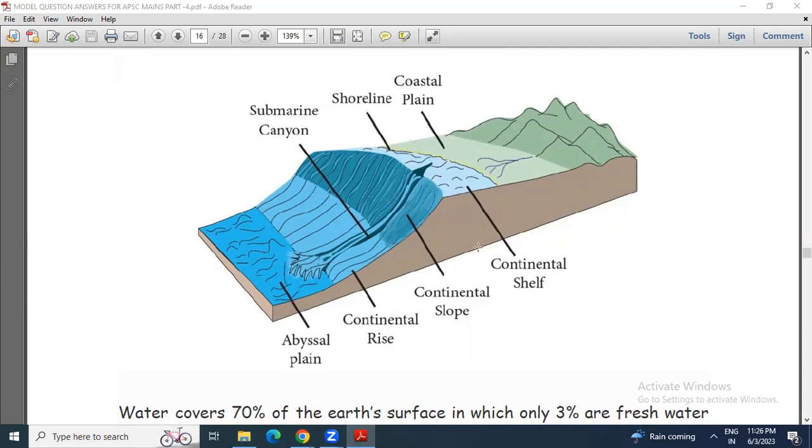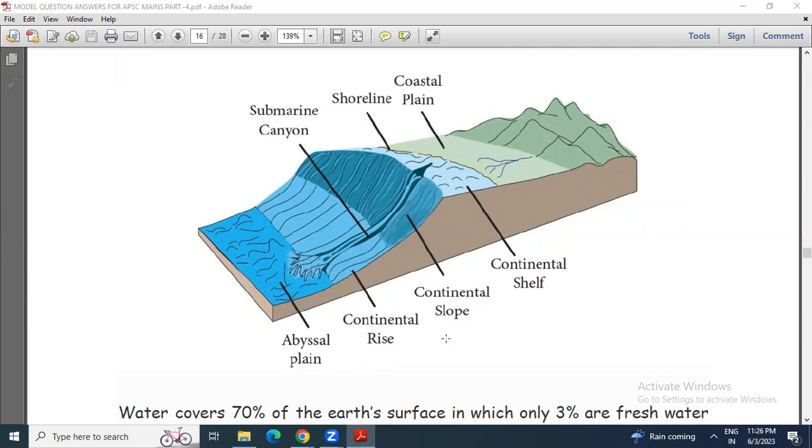Then this continental slope, the slope that is created as the sea gradually goes deeper, we call it a continental slope. There you will find submarine canyon and then continental rise, where you see a little rise. Then we have abyssal plain.